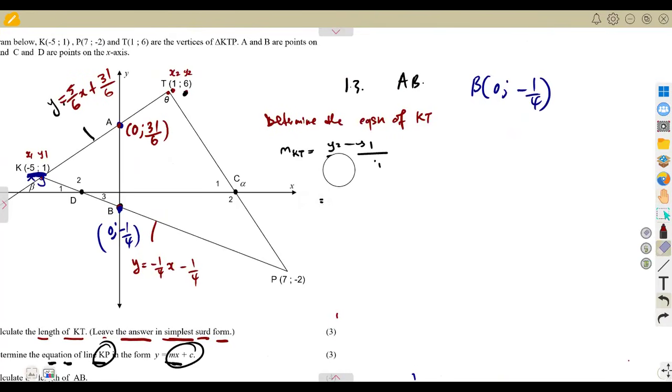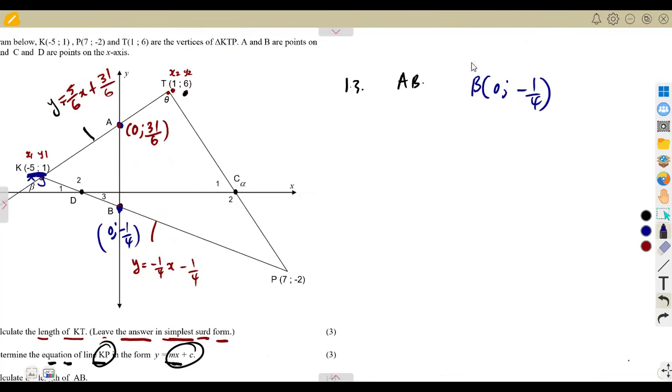Having the point A and the point B, now we can determine the length of the line. In most cases this is what happens, because you have the point A, which is (0, 31 over 6). This is a vertical line where these two points lie on the same line, and along this line x is 0.